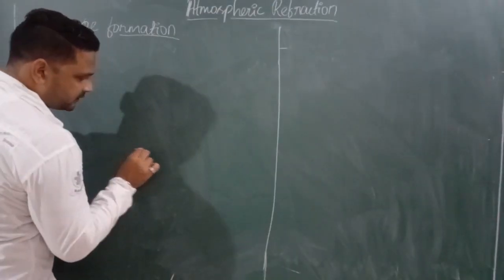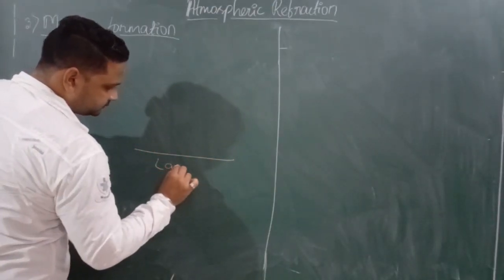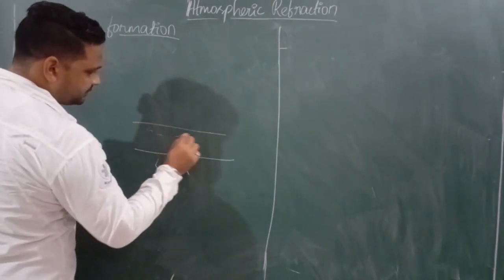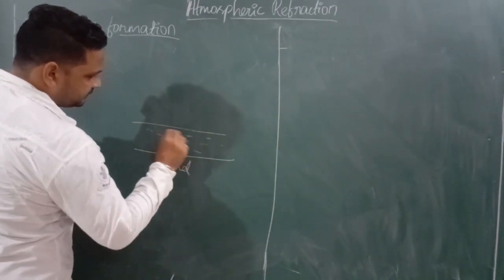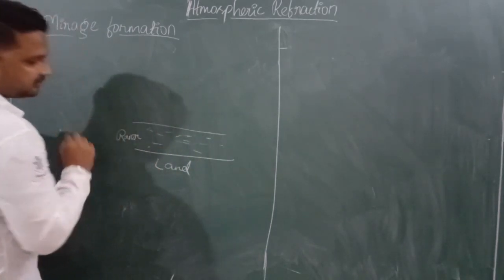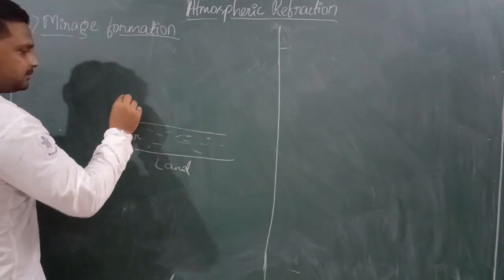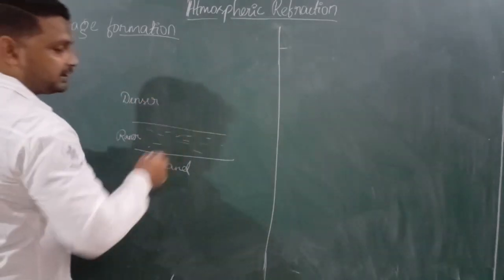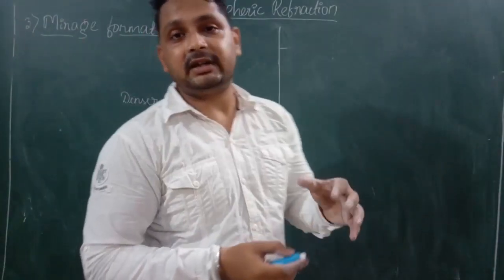Suppose this is the land, due to more heat, the air near the land acts as a rarer medium, and the air just a little bit above acts as a denser medium. So the light, when it moves from one medium to another, it refracts.